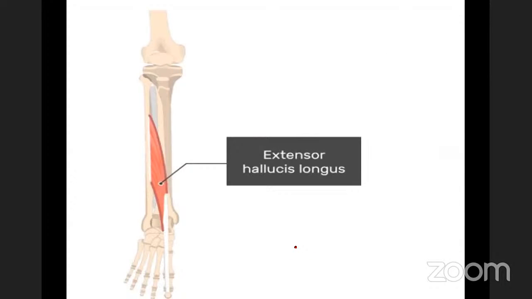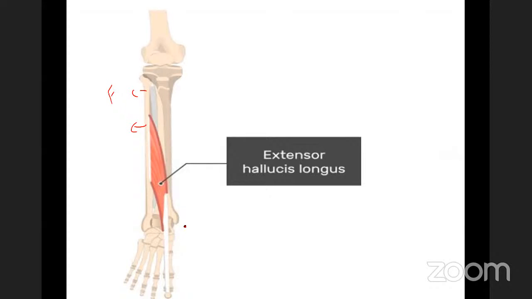Now we will see another muscle. So far we have already discussed tibialis anterior and extensor digitorum longus. Now we will discuss extensor hallucis longus. This muscle arises from the medial surface of the fibula. This is the fibula.